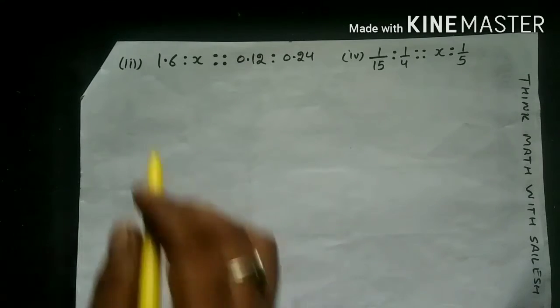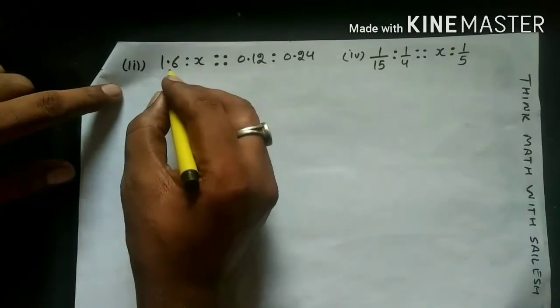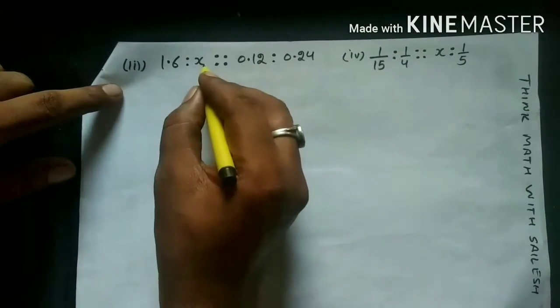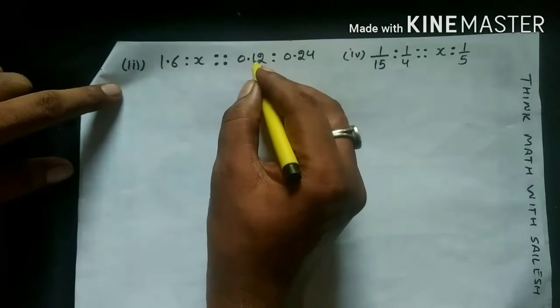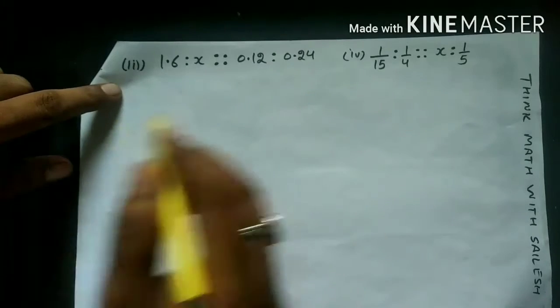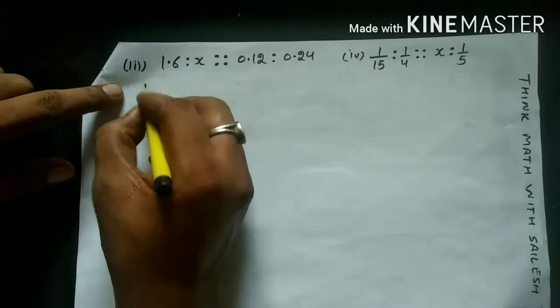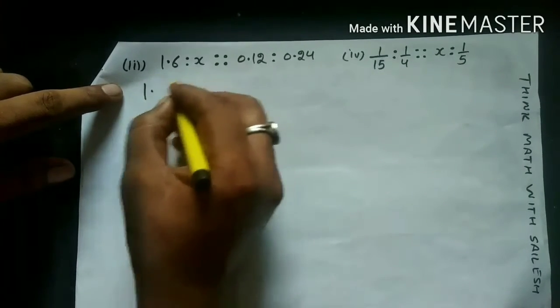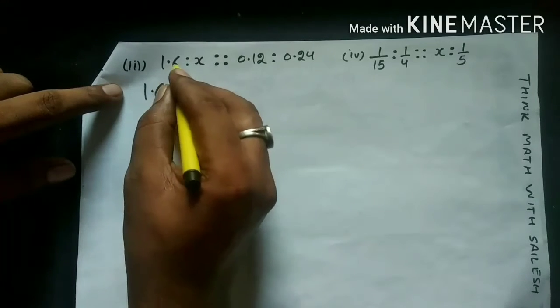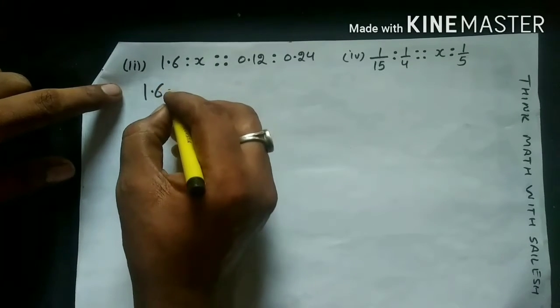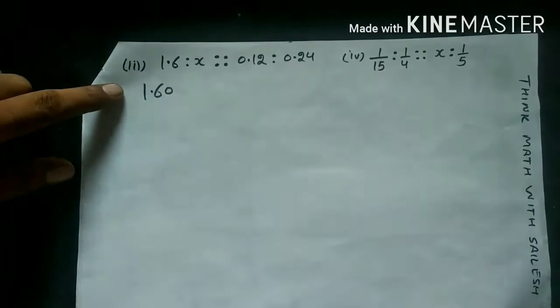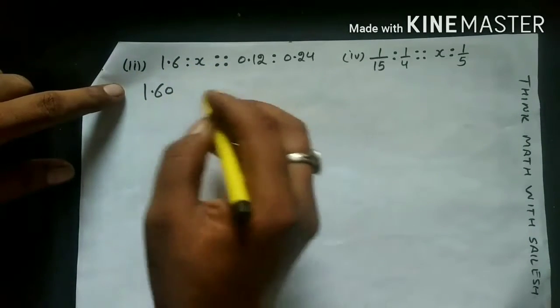Student, in this third part, the given proportion is 1.6 ratio x proportion to 0.12 and 0.24. So in the solution part, I will firstly make them like decimals. After the decimal there is only one digit, so I will write a 0 here to make it like decimal to the others.